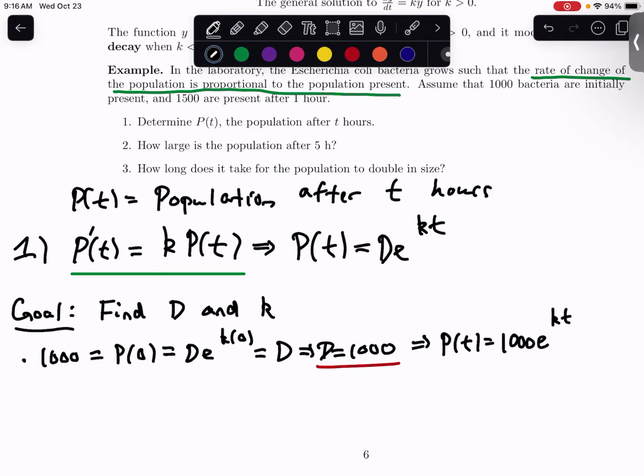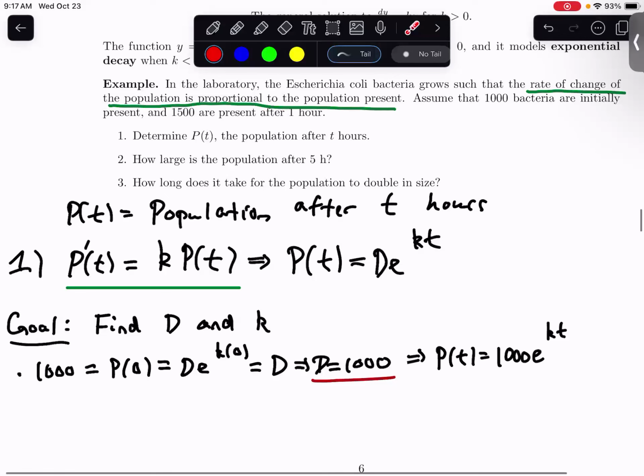And then the next thing we can solve for is going to be k. So if we wanted to solve for k, does anyone see what we would do? What information do we make use of? Yeah, you plug in t equals 1. We're told that 1,500 E. coli bacteria are present after 1 hour.